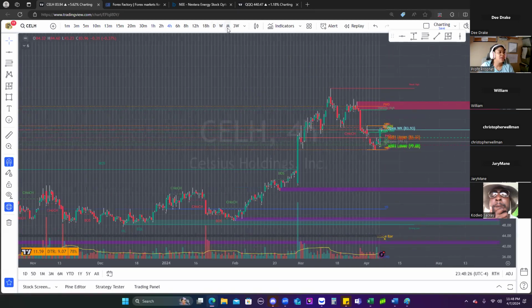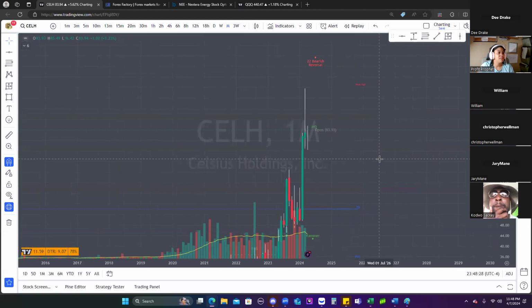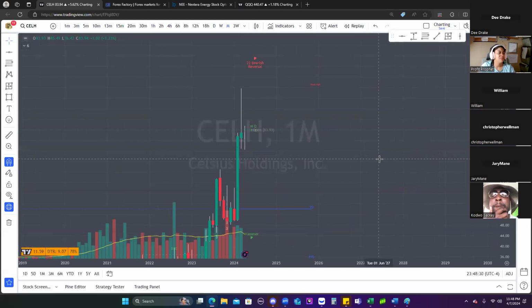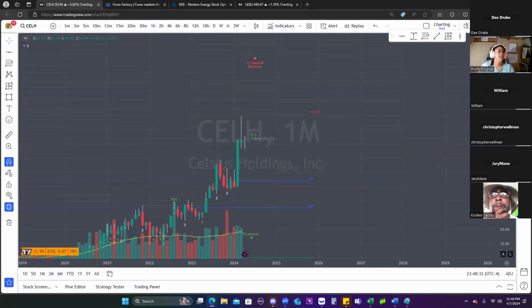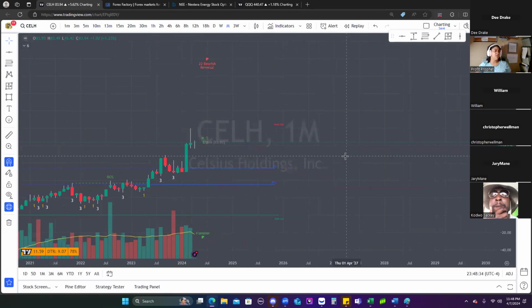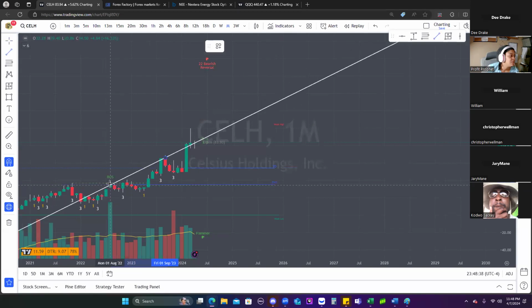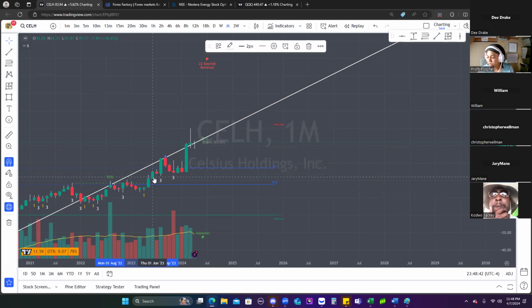Let's see, monthly. Ooh, ugly. Ugly little candle there. And draw this broadening formation, right, Chandra? Yeah, this right here.